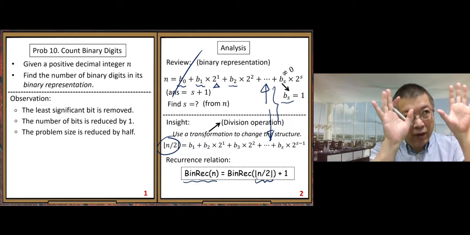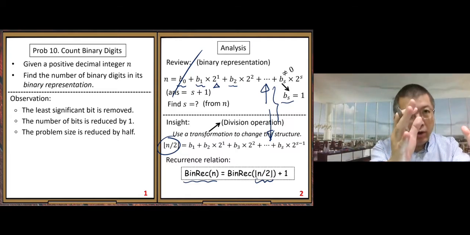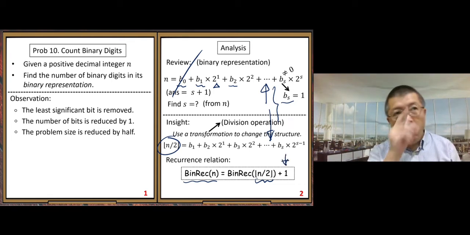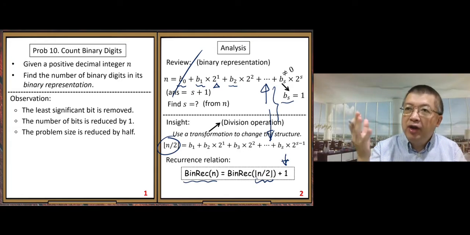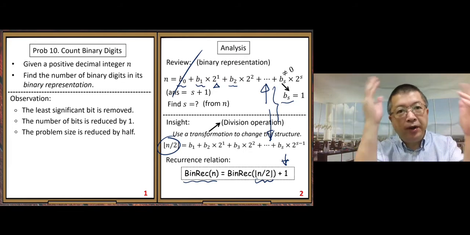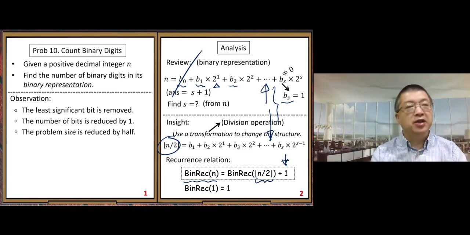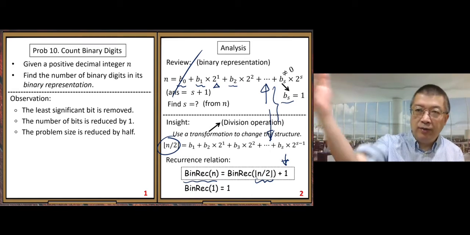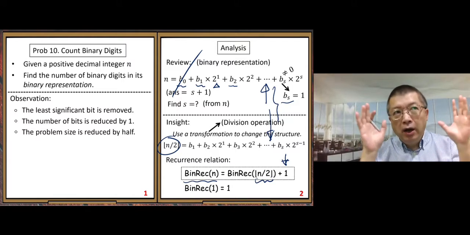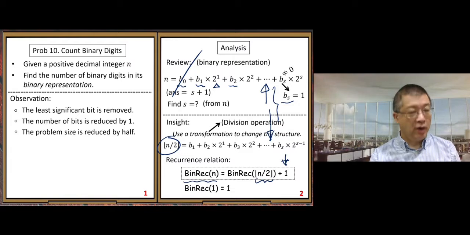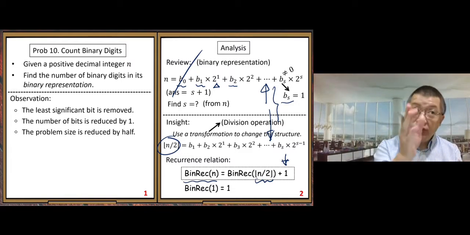So the number of bits for that smaller problem, after that, we need to add 1 bit back because we removed that least significant bit. And we have the base case for 1, that number is 1. So we have a whole recurrence relation problem, which we need to solve.